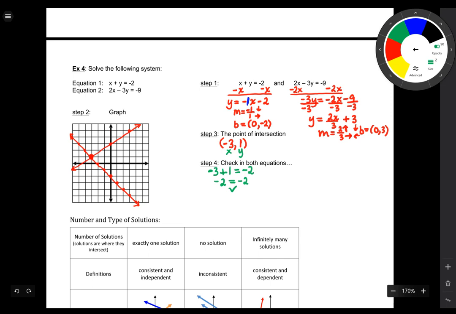Okay, in the second equation, 2 times x is -3, minus 3 times y is 1, equals -9. -6, -3 times 1 is -3. Don't put negative up a -3. There's only one negative here. Okay, -6 plus another -3 is -9. That checks. Because it checks in both, (-3, 1) is our solution.